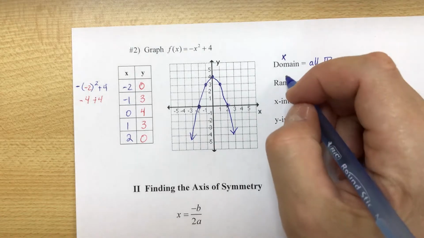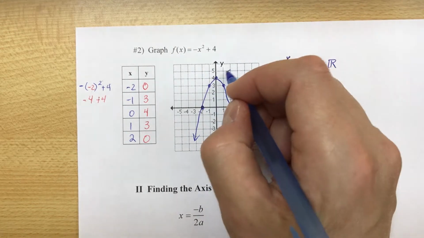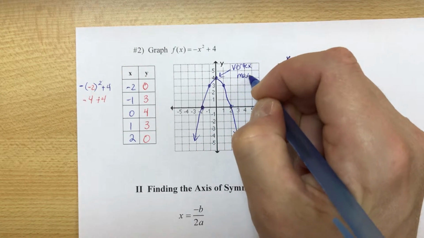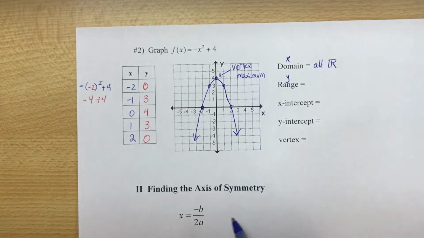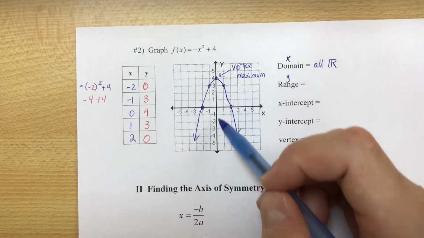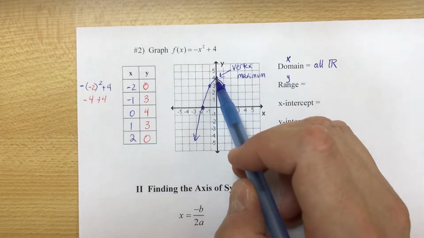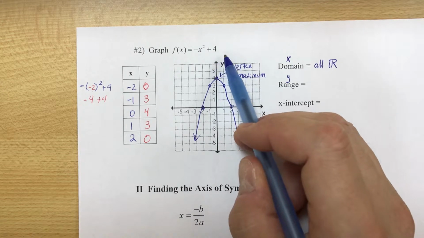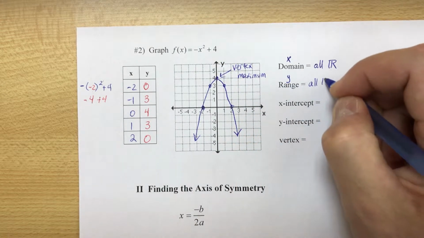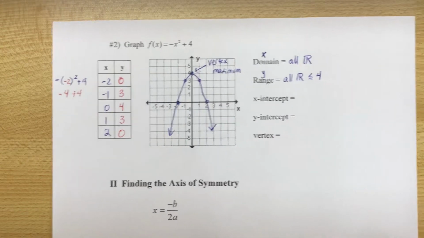The range, though, the y values, this time, in this case, our vertex is what we call a maximum. So we have a highest value. So in this case, our y values, everything is part of the range until we get to +4, and then nothing above it, the function doesn't exist. So we're going to say all real numbers less than or equal to +4.